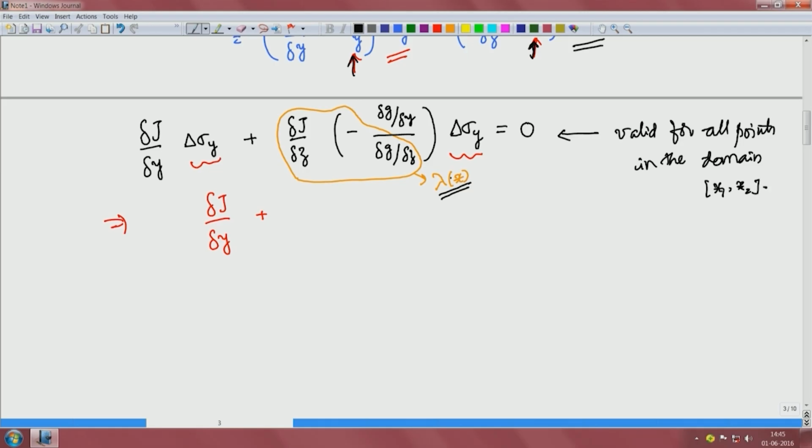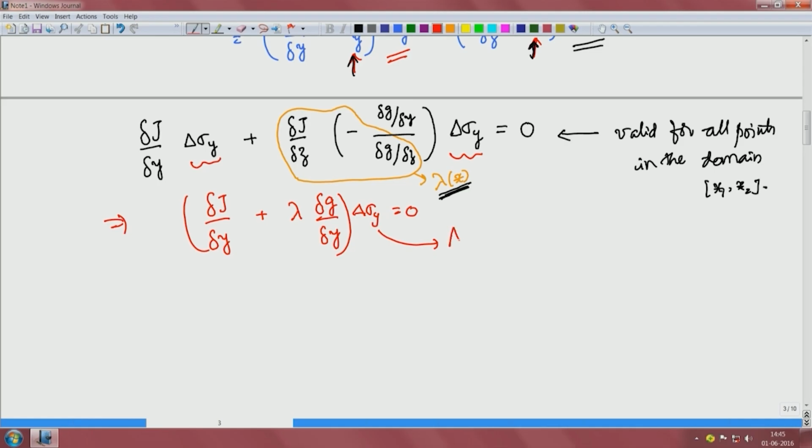Okay. So, consequently this becomes a function. Now we would write this as lambda times delta g by delta y, times delta y, equal to 0.